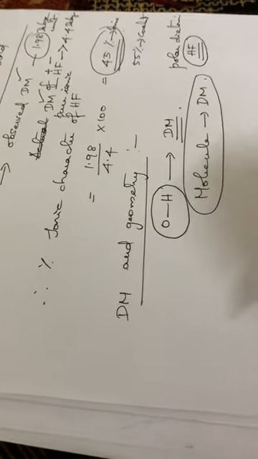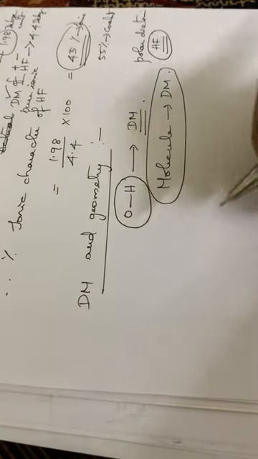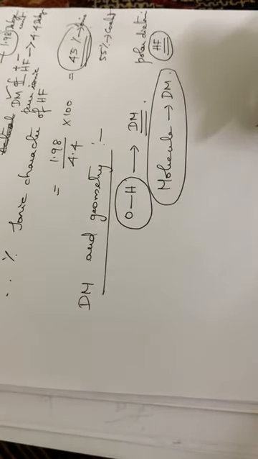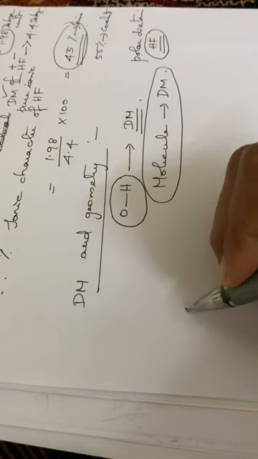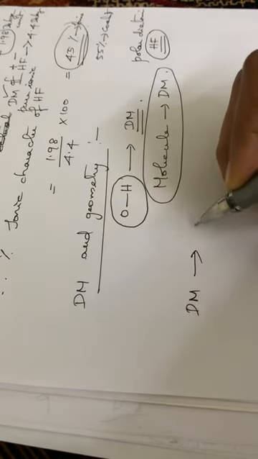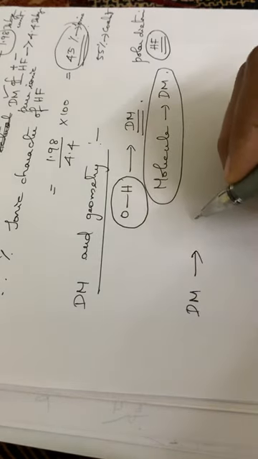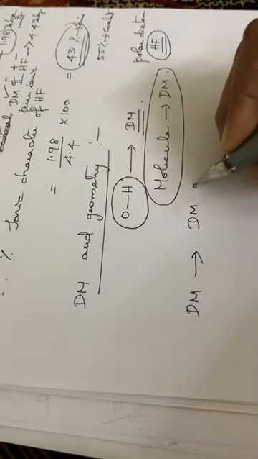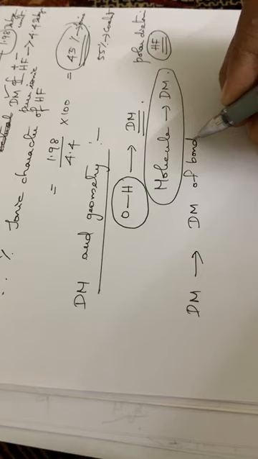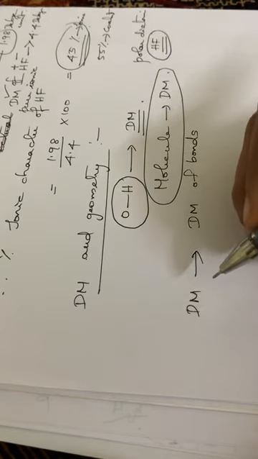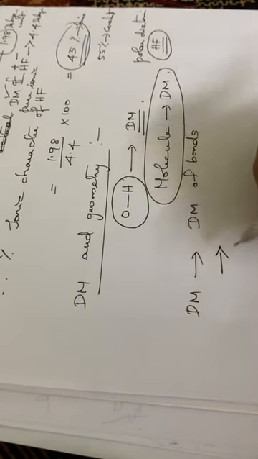And again, this dipole moment will be depending on the polarity of the bonds, or we can say that the dipole moment of a molecule will be depending on the dipole moment of the bonds. If the bonds are having dipole moment, then the molecule will also be having dipole moment.